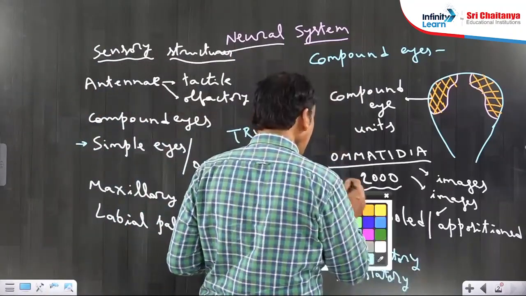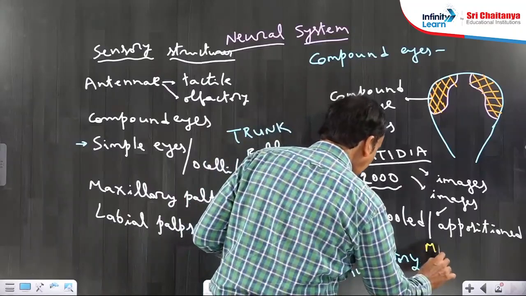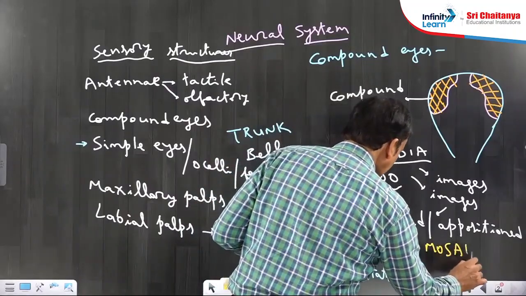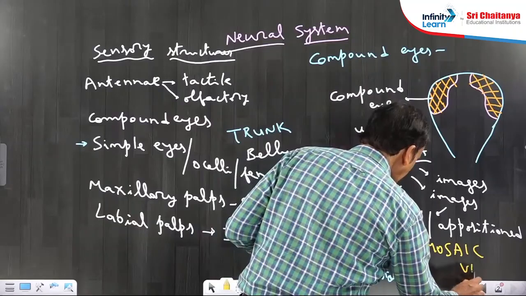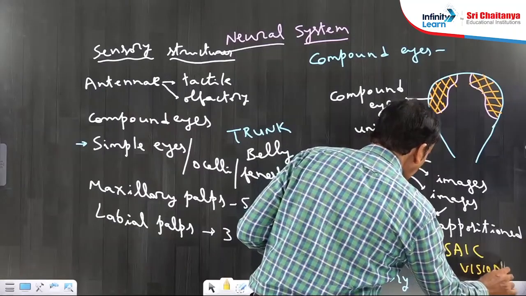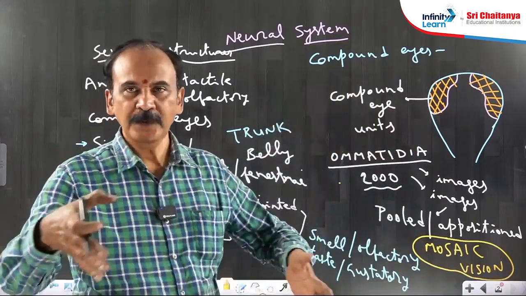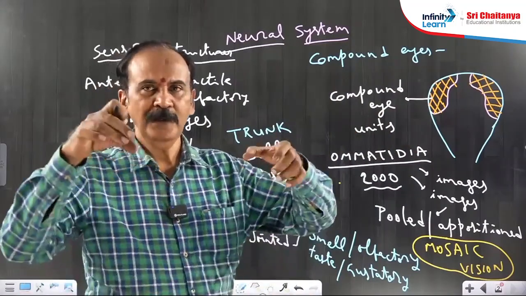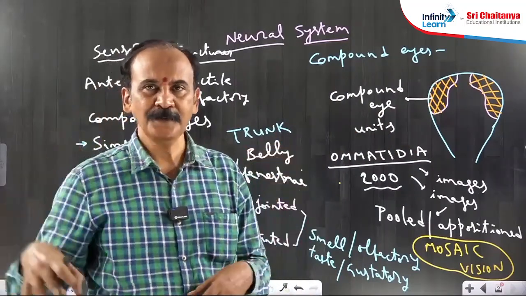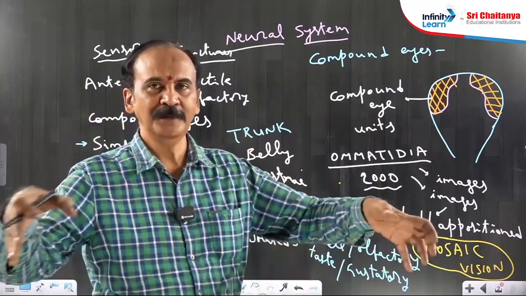All the images are brought to the brain, and in the brain you will have a kind of vision referred to as mosaic vision, because it looks like a mosaic. You might have seen mosaic flooring, no? Mosaic flooring where you have small chips of different colors placed side by side.